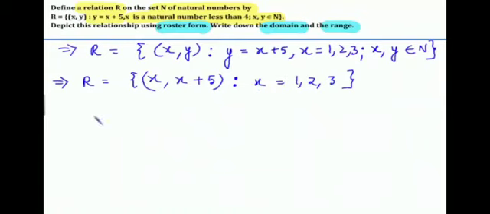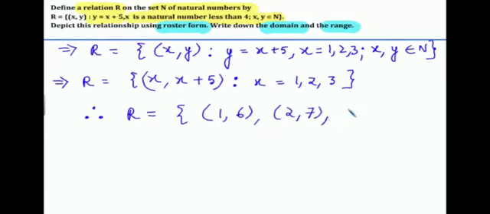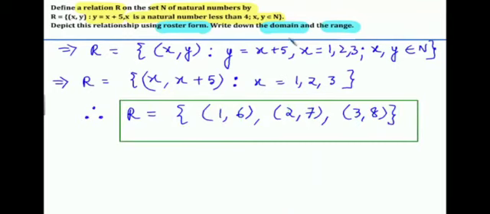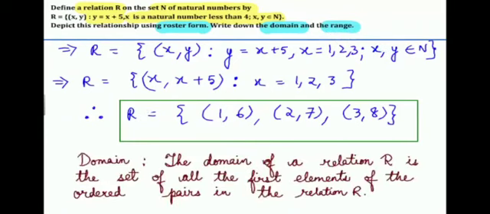If x is equal to 2, then y is equal to 7, right? x is equal to 3, y is equal to 8. So that is your final answer. In this question, only 3 possible relations are defined, right? 1, 6, 2, 7 and 3, 8. Now find its domain and range.